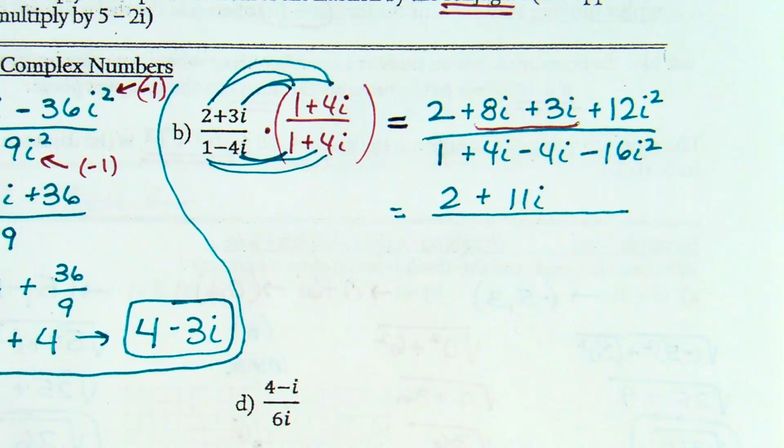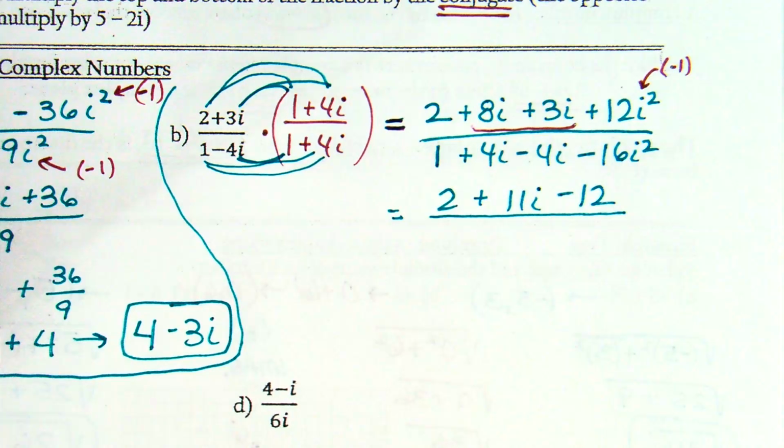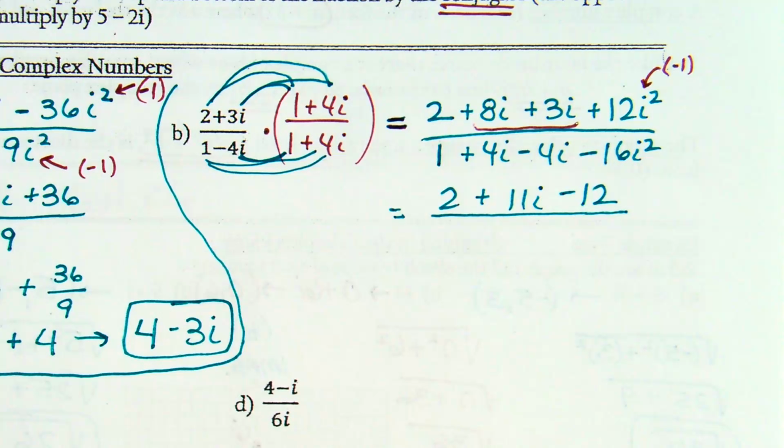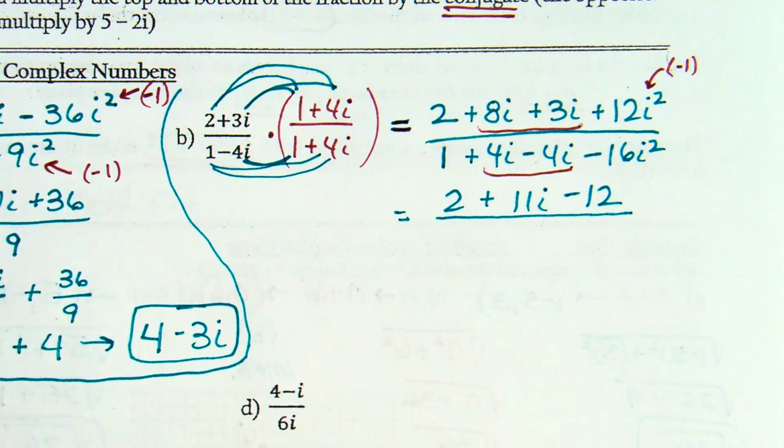Okay, i squared becomes negative 1. 12 times negative 1 becomes minus 12. Denominator. What do you notice about the 4i's? They cancel. If you have done this correctly, the whole point of conjugates is the middle term, which will cancel out. If you don't do it correctly, then they might not.